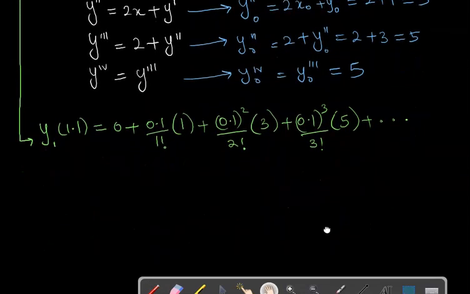If we ask our calculator to give us the value of this, we can just begin to put that in the calculator and get the value.